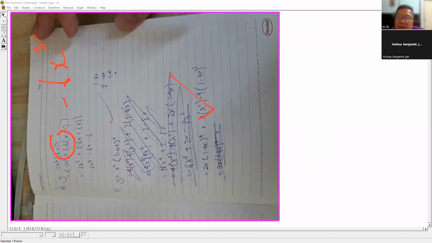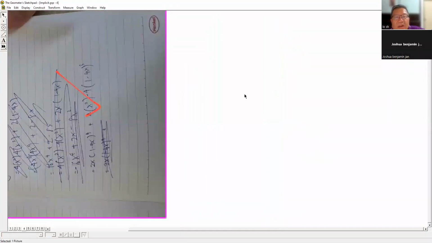This one I've shown you. This one. Not this one. Not this. I think, is it this one? Yeah, this one. You do correction for this. So 2 corrections. Right? This one.